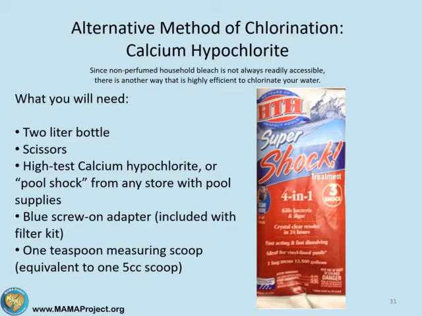So what you'll need if you're going to make your own chlorine solution is a 2-liter bottle, scissors to cut the bag open, the adapter from your Sawyer kit, and a 1 teaspoon measuring scoop equivalent to 5 cc's, exactly.